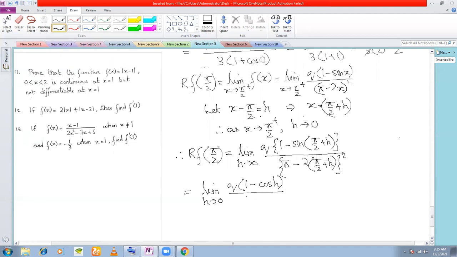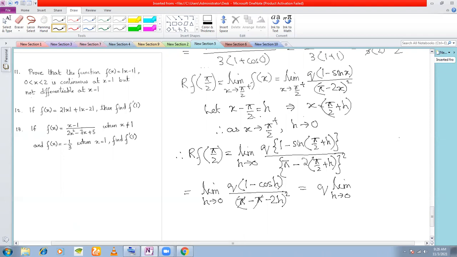And here we get pi minus pi minus 2h whole square. So these two cancel. So what we effectively get here is you can take q out of this, to get limit h tends to 0.